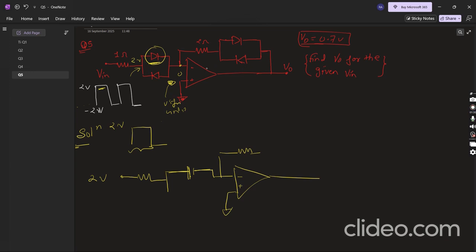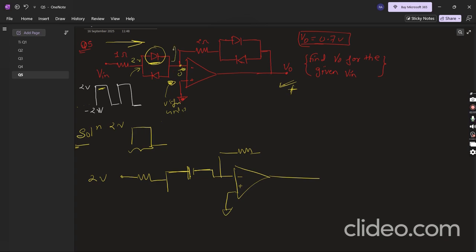Now for this part, if you consider this voltage to be positive and this is zero because of virtual ground, people might say that if we apply an open circuit test, this diode will be on, but it's not correct, because current will flow in this direction, and the op amp is a high impedance zone, so current won't flow into the op amp.